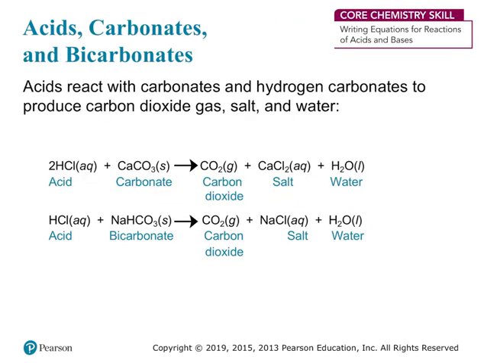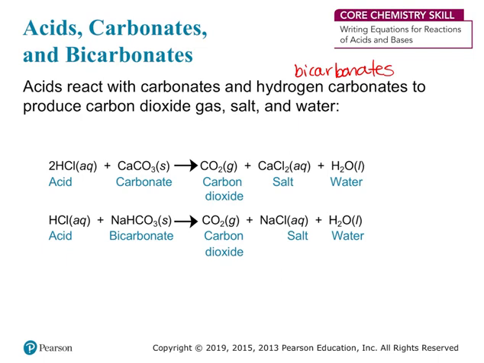All right, so now let's look at another type of reaction. Here, acids react with carbonates and bicarbonates, or hydrogen carbonates, and they will produce carbon dioxide, salt, and water.